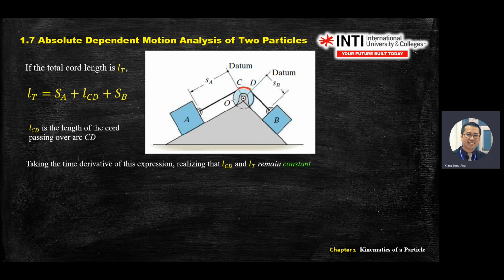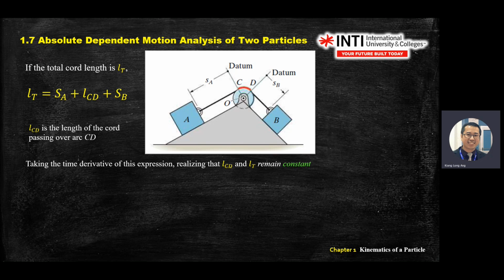We continue with the total length. We put in a dot on the equation, meaning we differentiate the whole equation. We differentiate the total length, what do you get? You get 0, because the total length doesn't change. This one becomes VA. LCD doesn't change, you get 0.